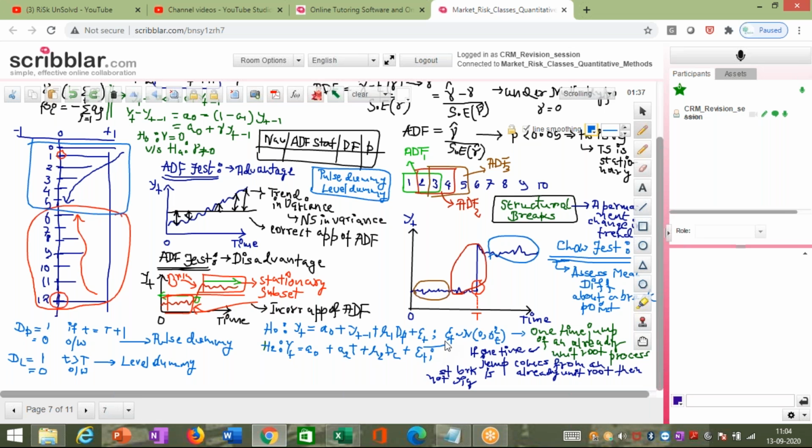So the specification of ET is that it follows a normal distribution with a mean 0 and sigma square. So what we have is H0 and H1.